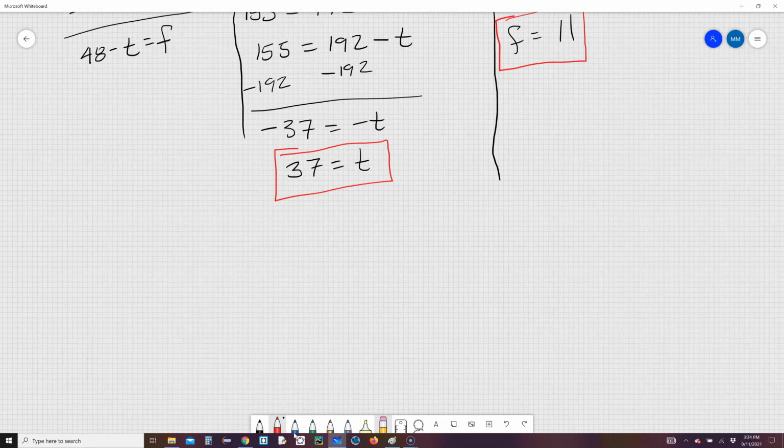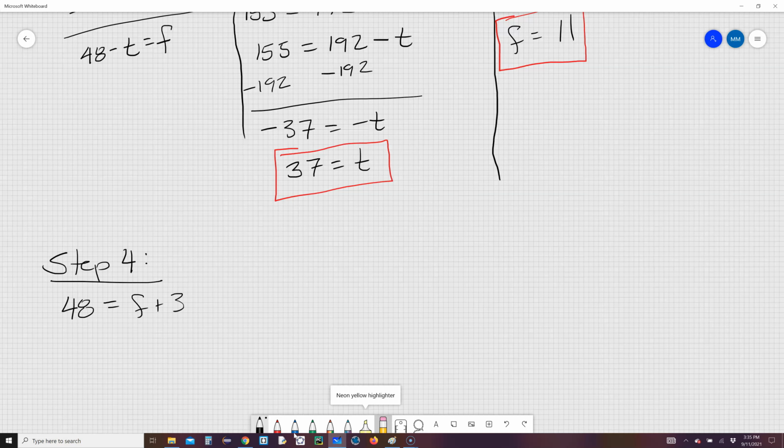The next step is to check. Let's see that we haven't made any mistakes. We have that 48 must be equal to f plus t. T stands for 3. Well, we have 11 and 37, and of course we used this to solve in the first place. So yes, it is 48.